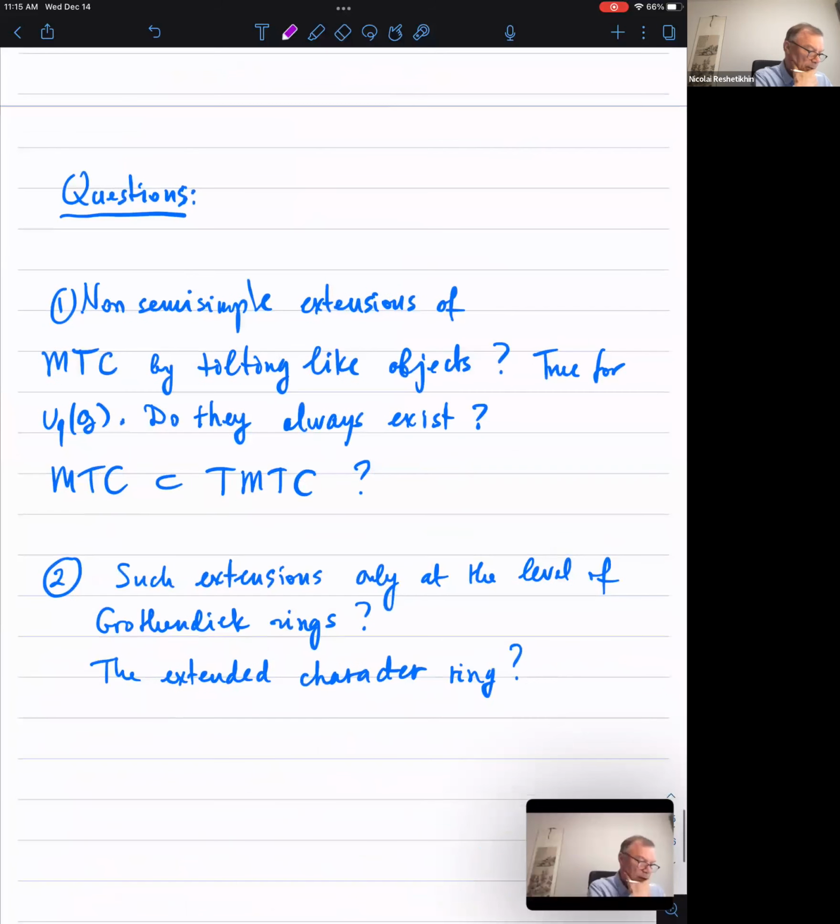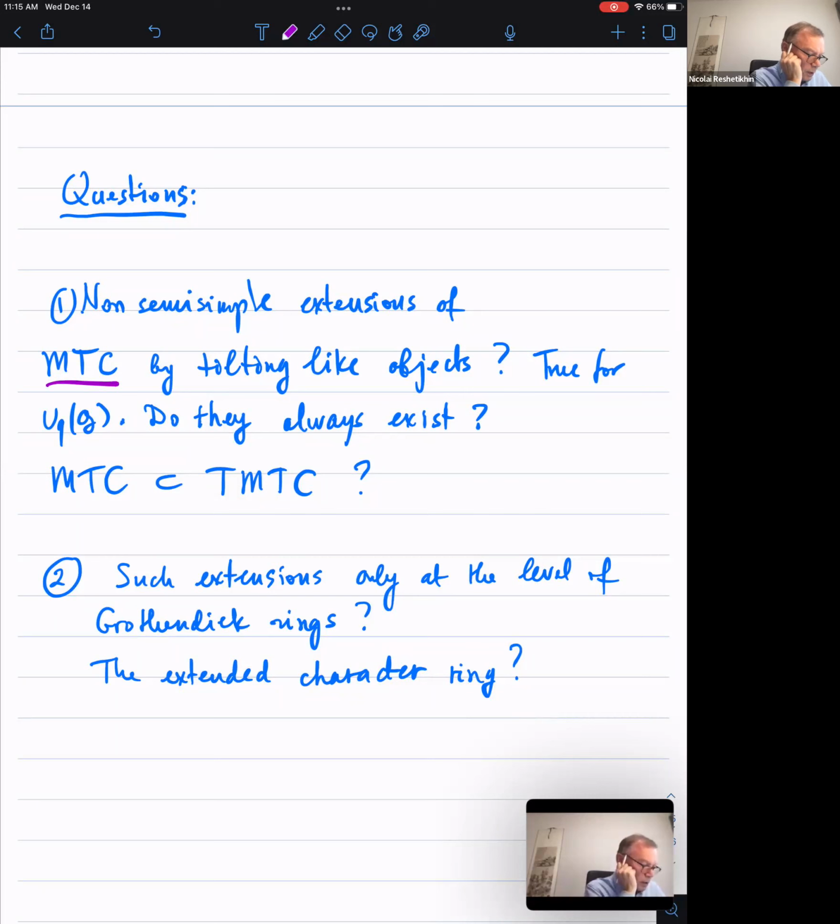So now some open questions. Suppose that you start with a modular tensor category. By definition, modular tensor categories are semi-simple.